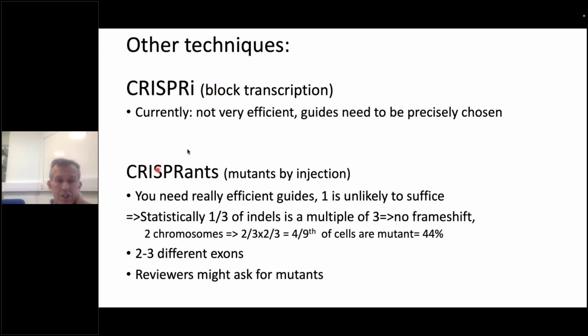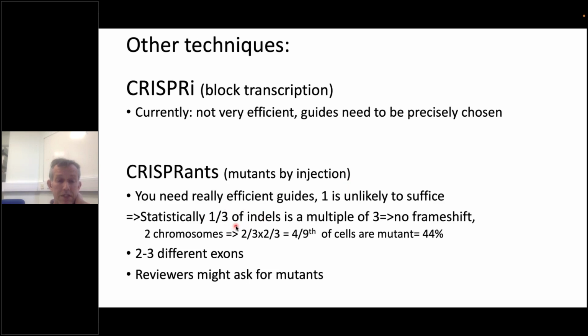Another technology is using crispants. This works quite well. If you have a very efficient guide, you can identify mutants by directly injecting guides into the zebrafish embryo. Usually, if you inject a single guide, it is unlikely to suffice, and there's a statistical reason for this, and I don't have time to go into detail.